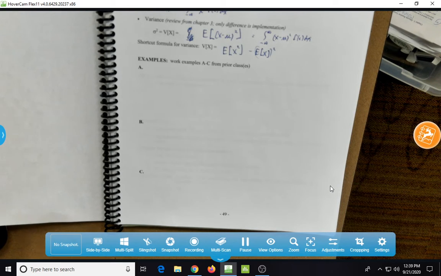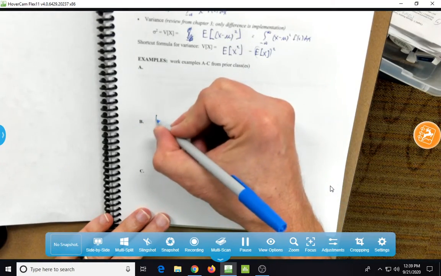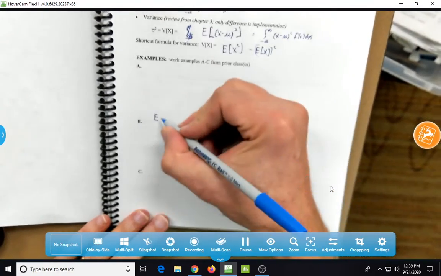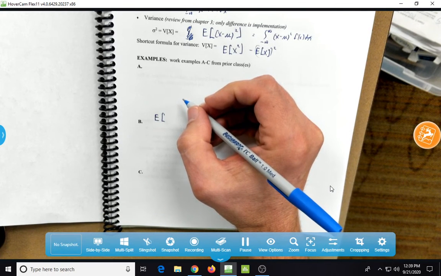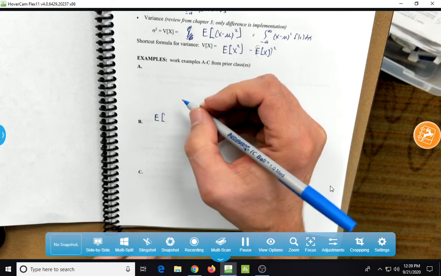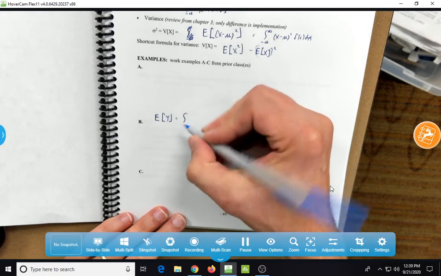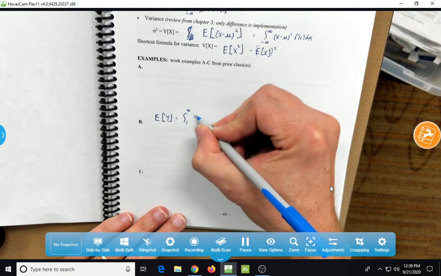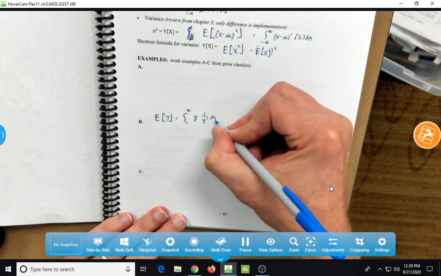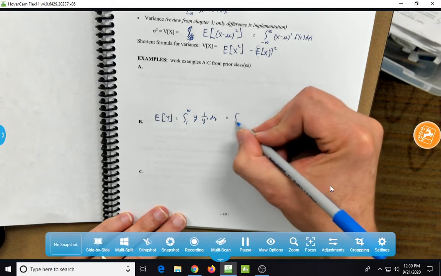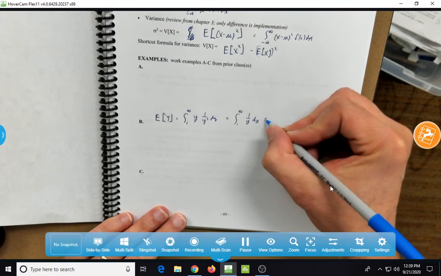The expected value of y turns out to be the integral from 1 to infinity of y times the probability, which is 1 over y squared dy. And so I've got the integral from 1 to infinity of 1 over y dy.